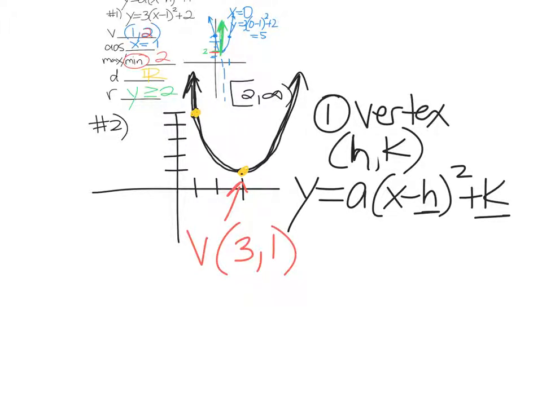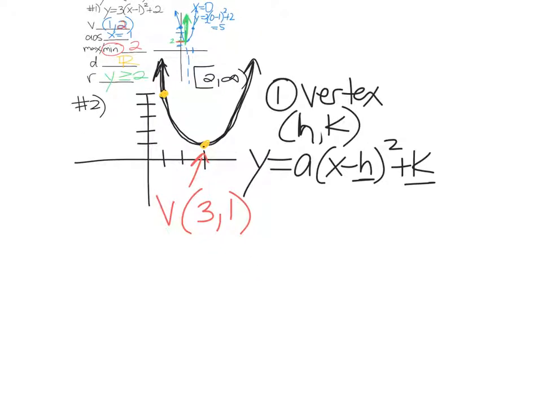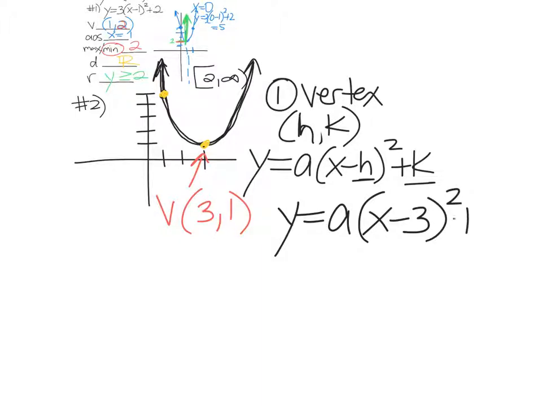So let's start by plugging that into our vertex form. Y equals, I don't know what A is yet, but I know that H is 3, so I'm going to write minus 3 squared plus 1. So that vertex went in here and here. It replaced H and it replaced K.